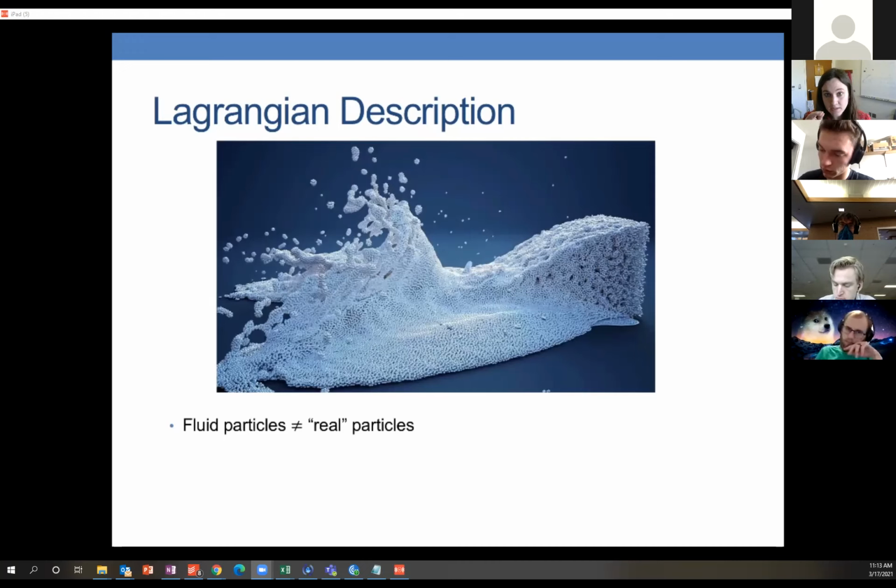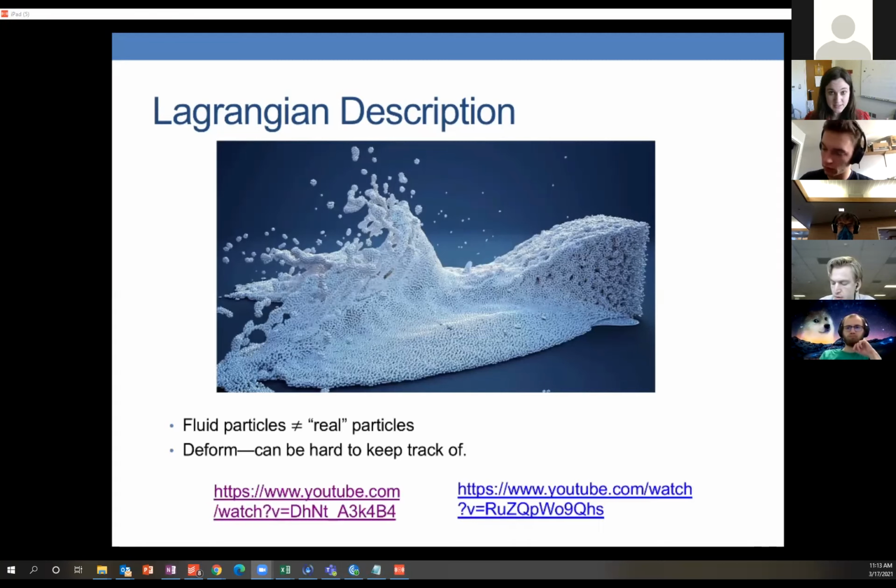So if we define some little chunk of fluid as a fluid particle, in real life, it's going to deform and change. If we're trying to be super realistic, that can be hard to keep track of. But you can still get some pretty useful modeling out of this model.